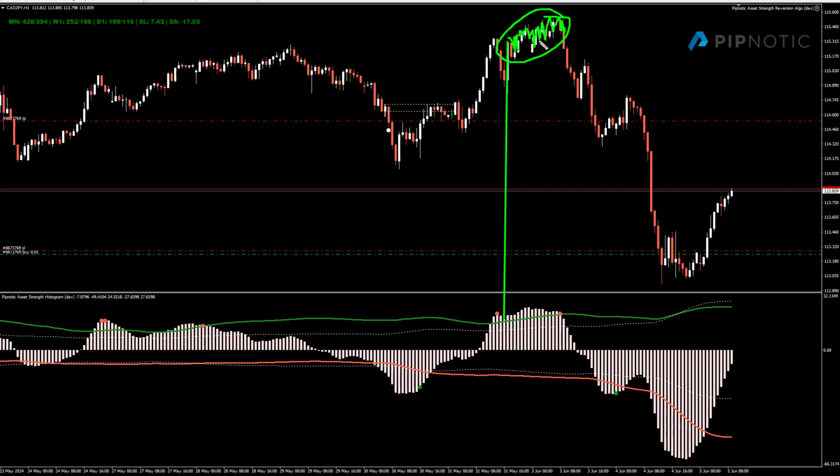And it didn't get one because, in my configuration at least on the ASR, we're looking for multiple time frames to be aligned. We're looking for the 1 hour, and we're looking for the 4 hour as well. While we had it on the 1 hour, we probably did not have it on the 4 hour, which is why we did not get a sell signal just here.